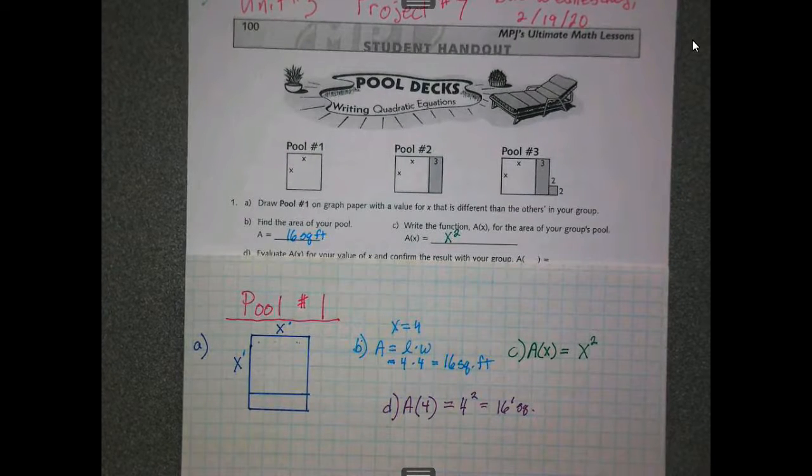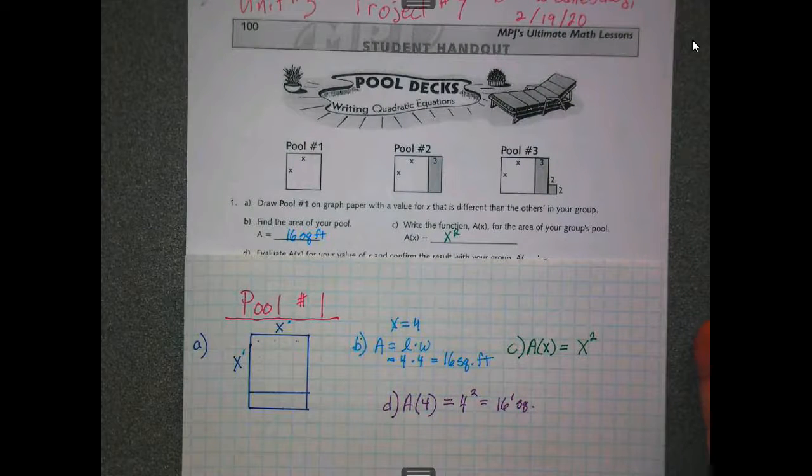Create a quadratic function, right? You're modeling a quadratic function. That's what this course is supposed to be about: take the next step of what you're actually doing with mathematics. You're coming up with a quadratic model. That's what this is all about.